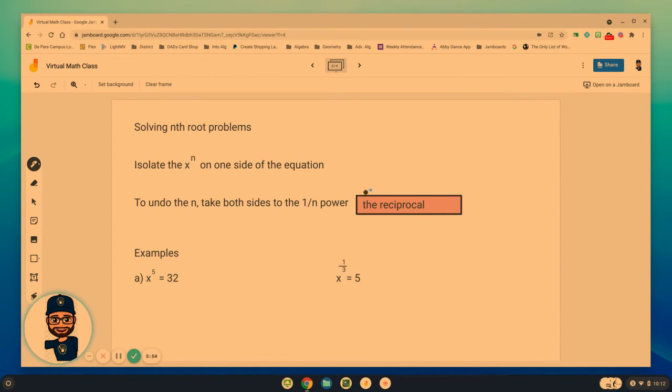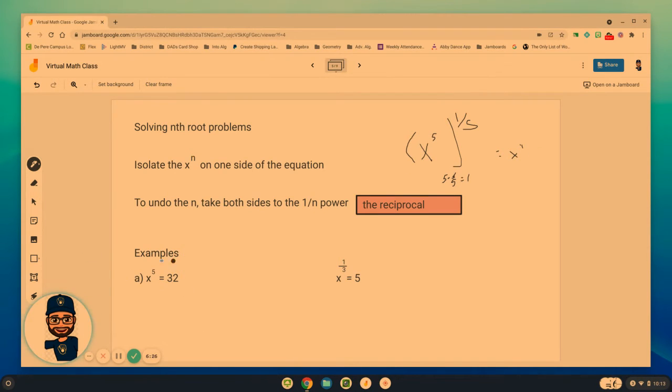We're going to use this example, x to the 5th. If I'm trying to get x by itself, this x has a power of 1. So if I raise this to the reciprocal, which is 1/5, the property and rule for a power to a power is that I would be multiplying those. 5 times 1/5 is 1, meaning I do get x to the 1st.